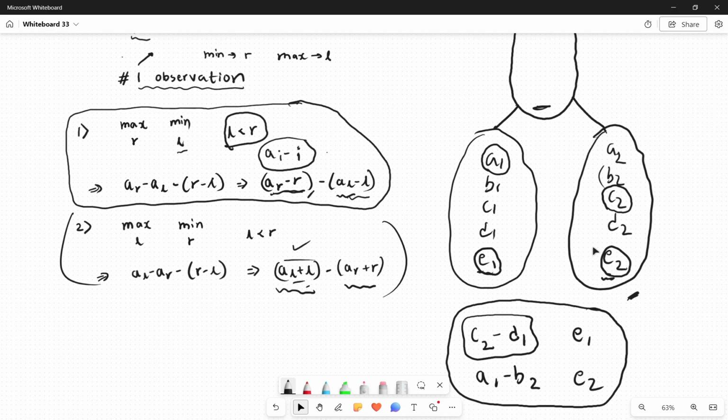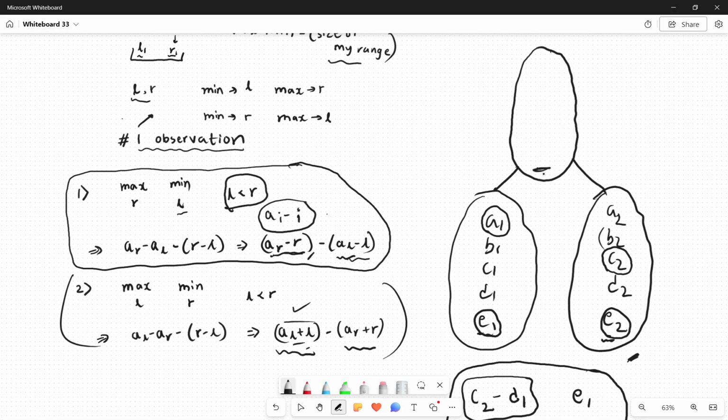So that is how we merge the fifth component. What about the first thing? For a1 and a2, we will directly take the maximum as the first argument. We will take the minimum of these as the second argument, because I want to minimize the second value.